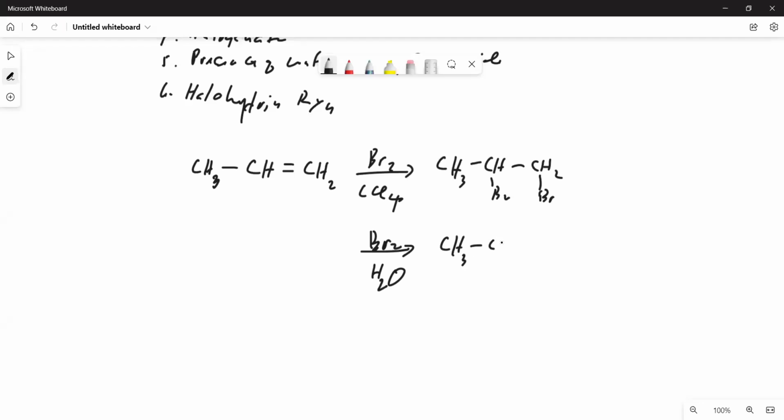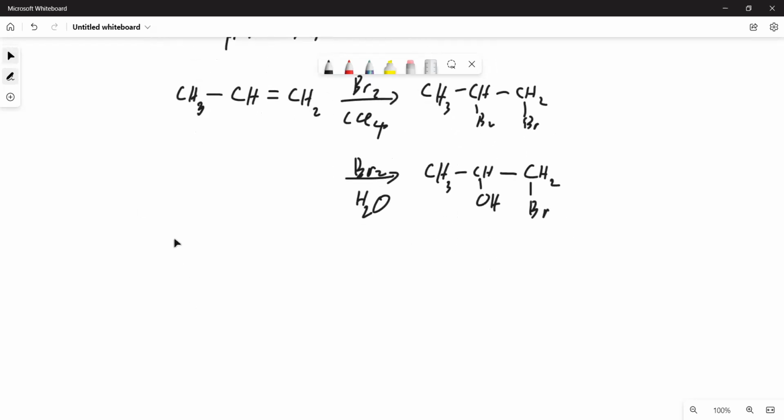The resulting major product will not be 1,2-dibromopropane, okay, but a halohydrine product, a product with an OH and a halogen, okay. So that would be the major product, meaning the 1,2-dibromo becomes the minor. How is that formed? So we have to go back to the mechanism of the reaction, okay?